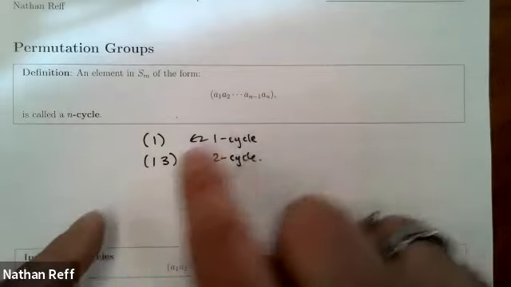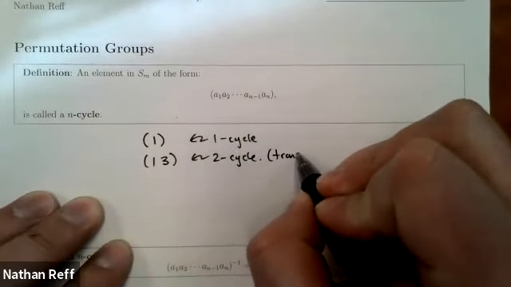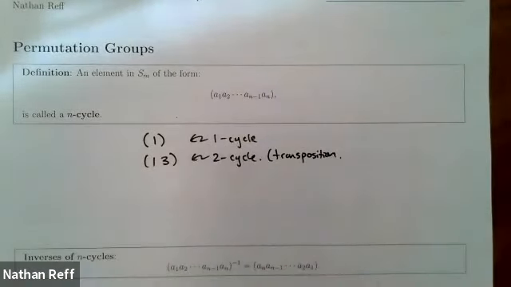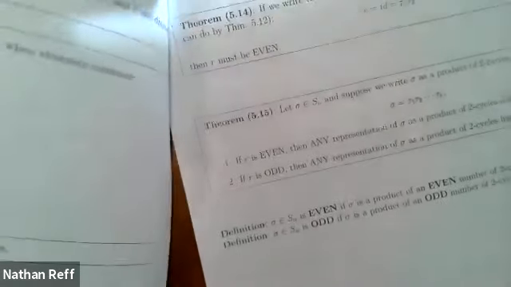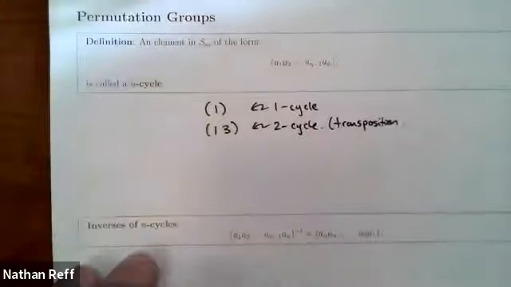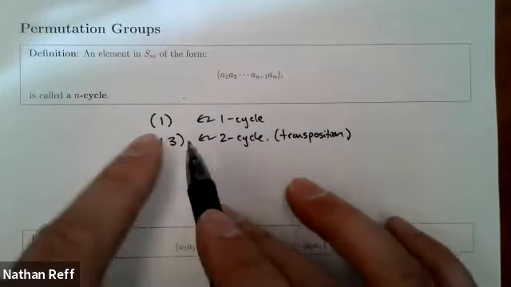Okay, it's a cycle of length 2. This is actually also sometimes called a transposition. I think that's how you spell transposition. I think it might be on the next page. Yeah, it's on the next page, but that's okay. We'll come back to that. It's just called that because all this is telling you is that those elements swap with each other.